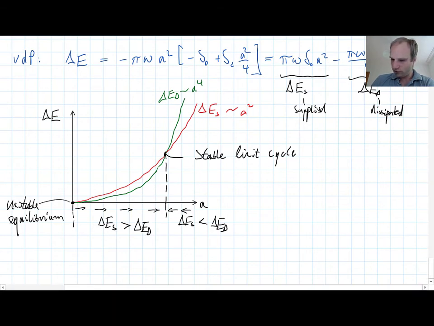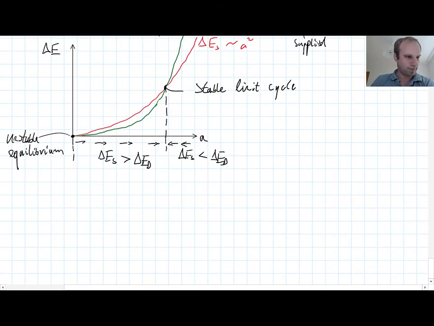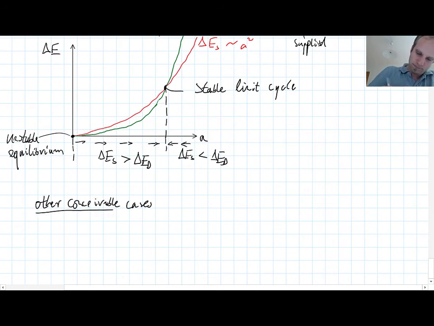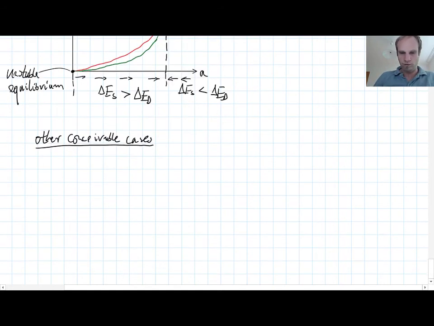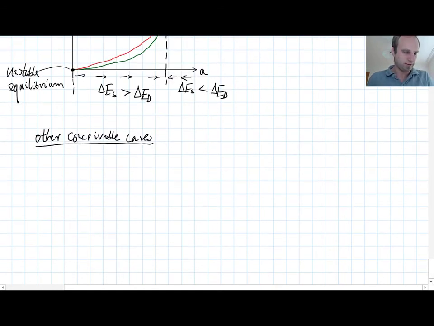Now, this was just this one case. There are other cases that are conceivable that may look a little bit more complicated, where we have multiple limit cycles in particular.